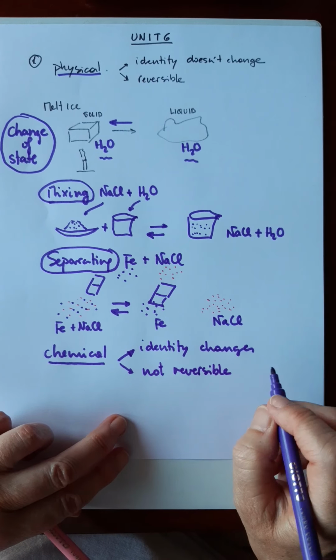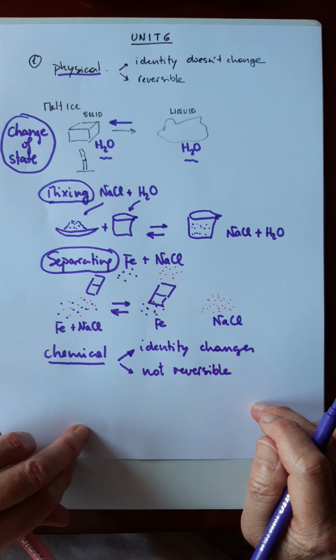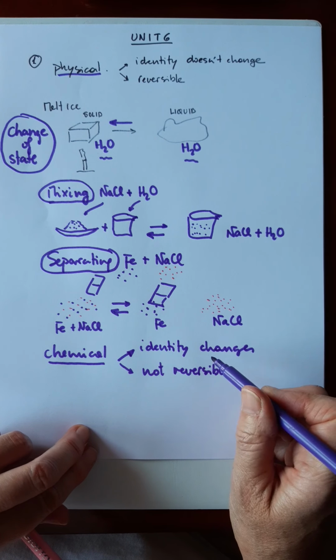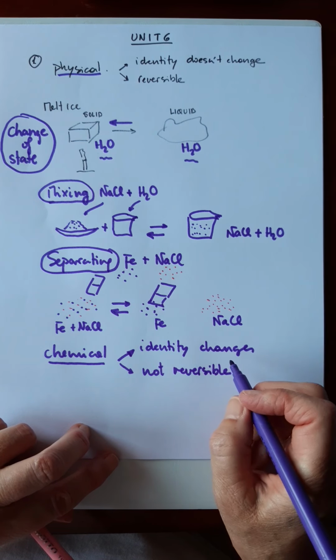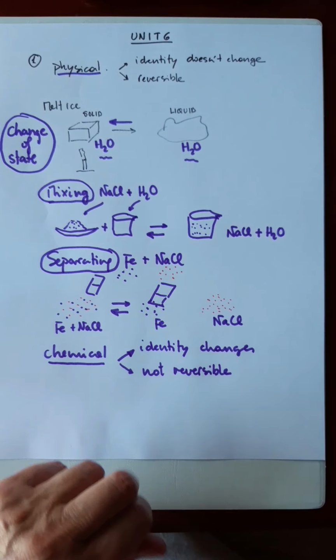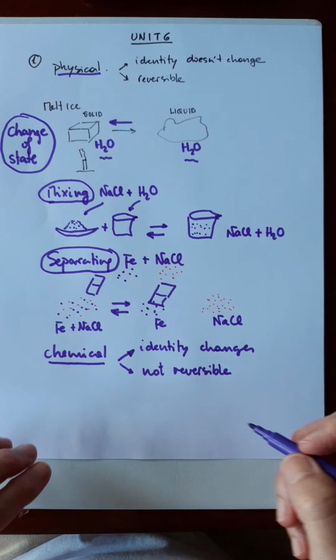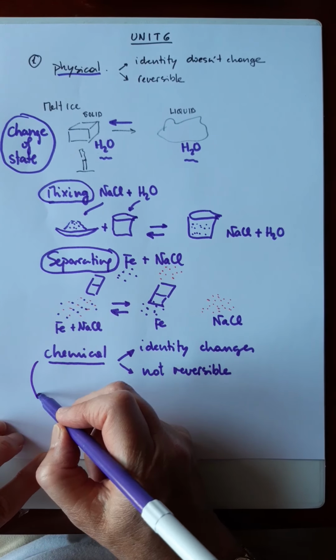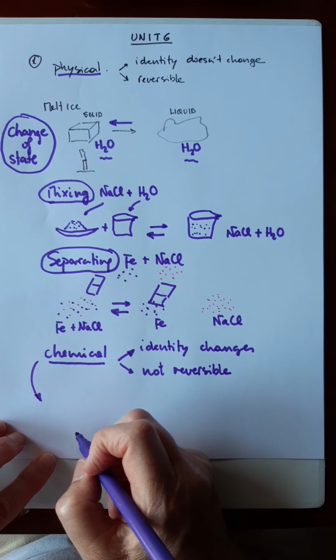In general, they are not reversible. Okay? The identity of the substance changes because in the beginning they have a formula and in the end they have a different formula. We're going to see chemical changes in the second section. Okay?